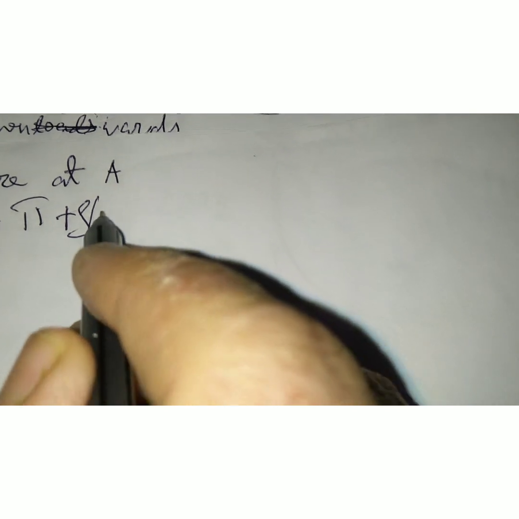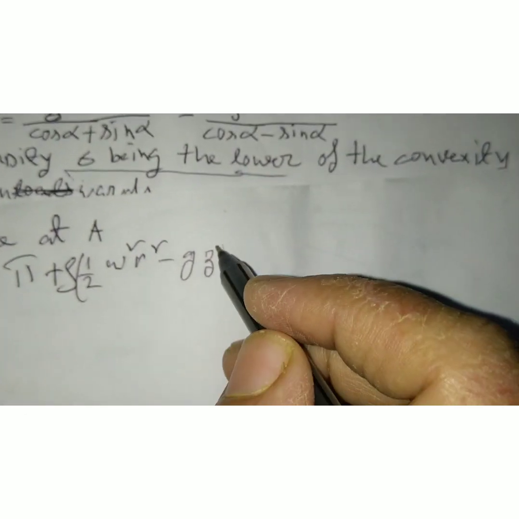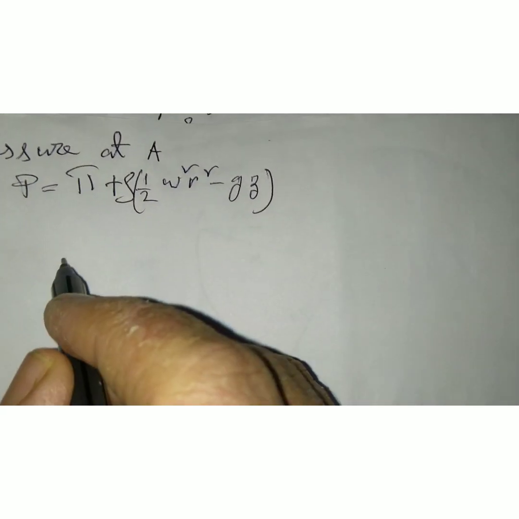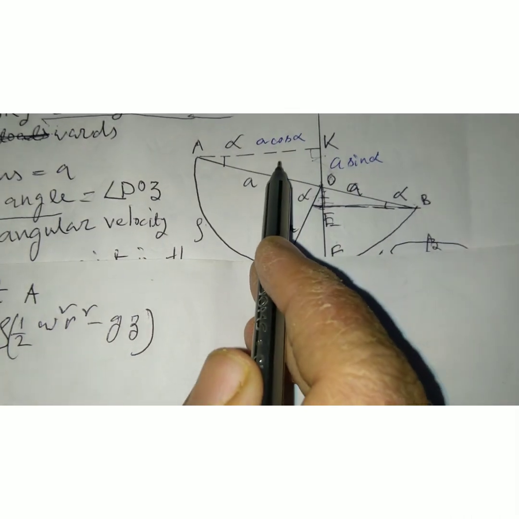You must remember this formula. Now R is equal to A cos alpha.